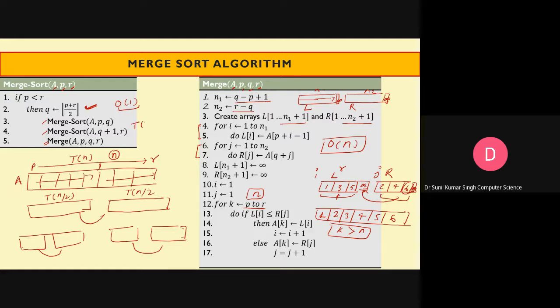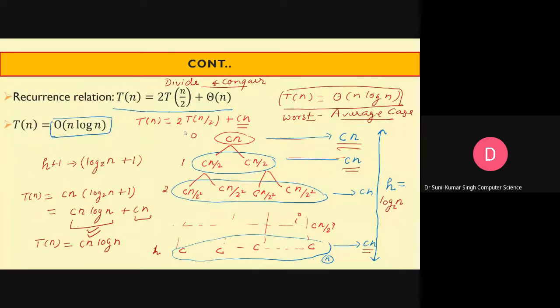So here T(n), that's the reason we are able to write T(n) is equal to 2T(n/2) plus order of n. So this is the philosophy behind this merge sort algorithm, and it's working with the help of the divide and conquer approach. Now guys, let me tell you a few more things.